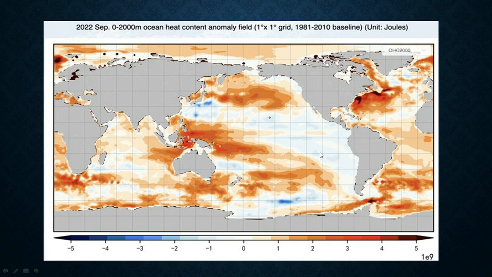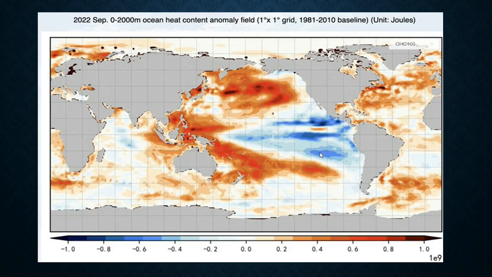So what's the next one going to show us? The next one shows a more refined difference, so we're able to tease out more difference here. The scale just simply goes from -1 to 1, and we can see there's a lot of heat in the North Pacific. Remember that heat blob I showed you?